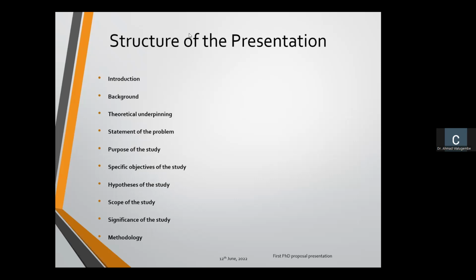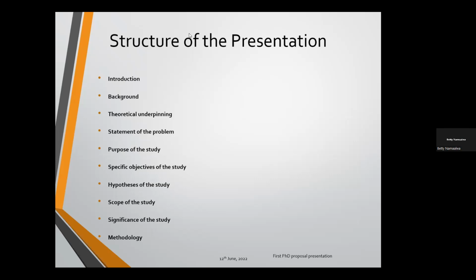Hello. Good morning. I thank Faith for the good presentation. Mine is on the conceptual framework, which is showing the relationship between the dependent and independent variables. I see the independent variables are many, so it is not coming out very well.